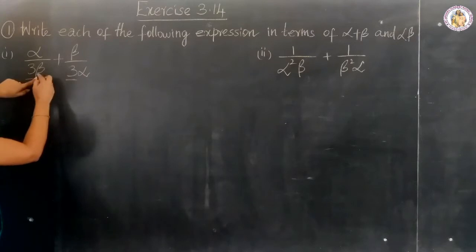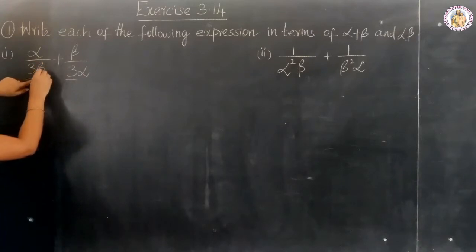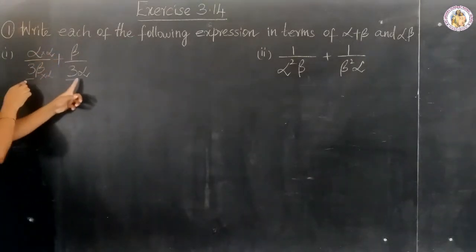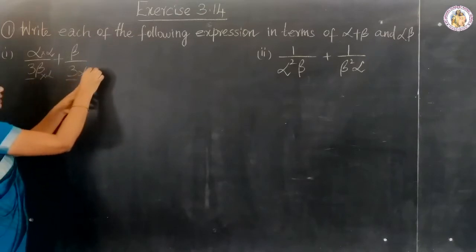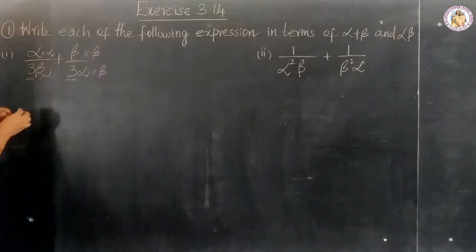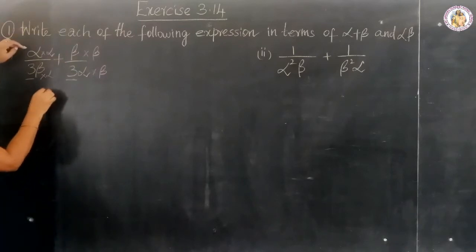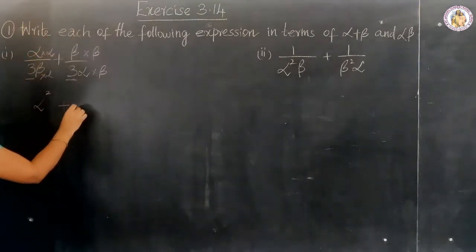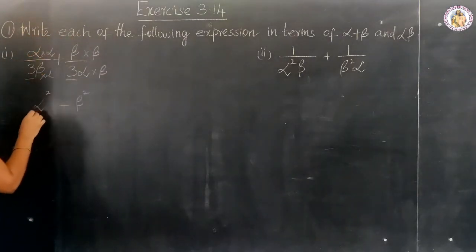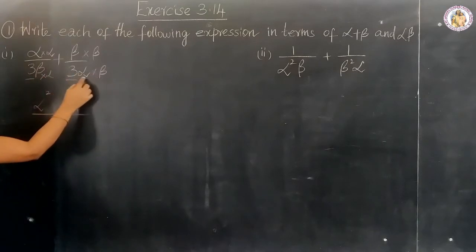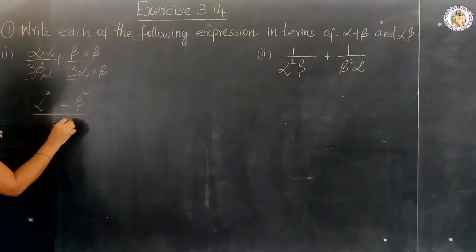So multiply the numerator as well as denominator with alpha, and here we don't have beta, so multiply with beta to the numerator as well as denominator. Now alpha into alpha, alpha square, plus beta into beta, beta square, divided by 3 alpha beta. So take commonly 3 alpha beta.